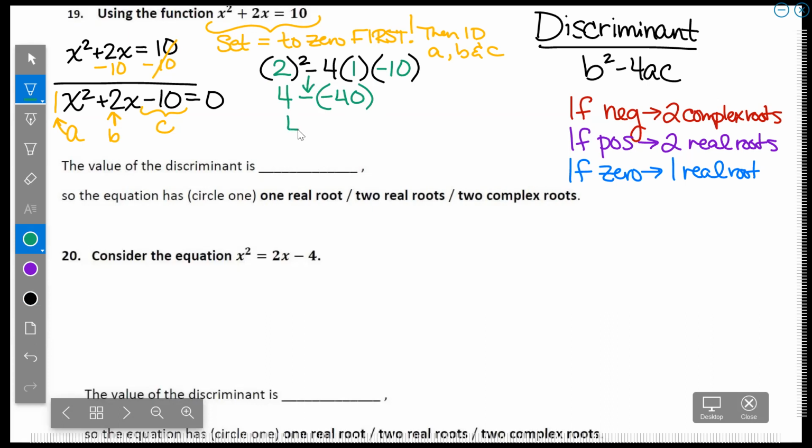So that turns into 4 plus 40, which gives me my discriminant, which is what? 44. What kind of a number did we get? Positive. So that means 2 real roots.